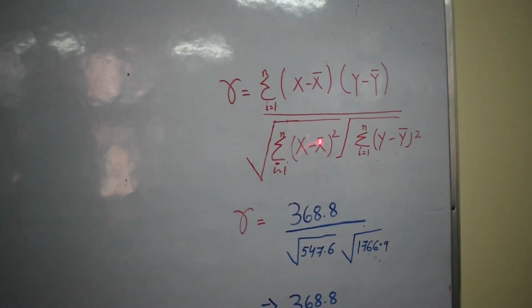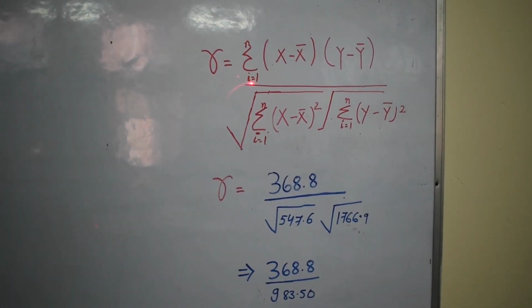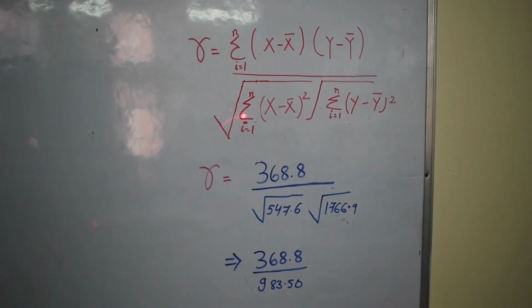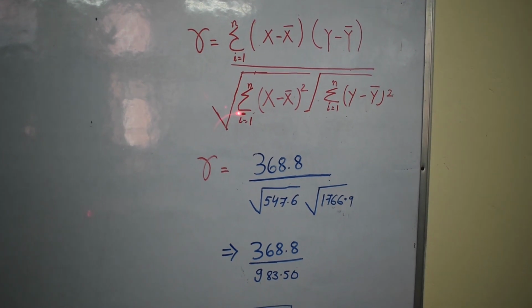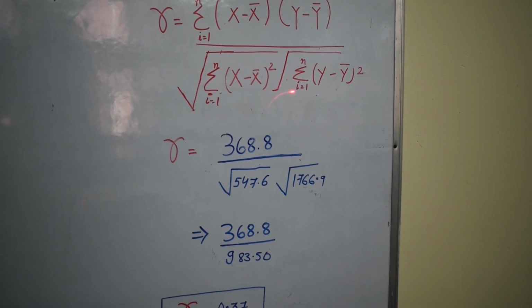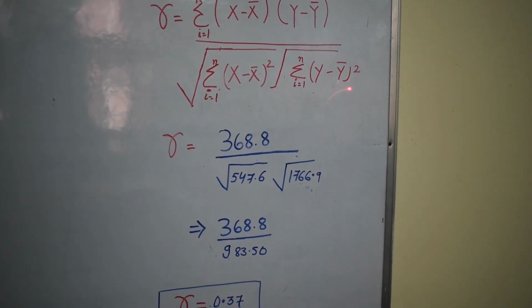Now onto the calculation itself. R is equal to the summation of the product of (x minus x bar) and (y minus y bar), divided by the square root of the summation of (x minus x bar) whole square, times the square root of the summation of (y minus y bar) whole square.